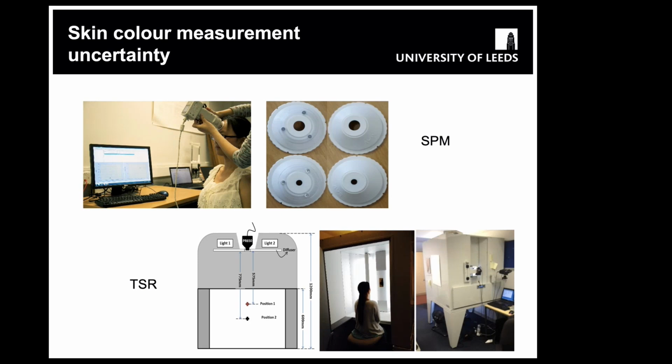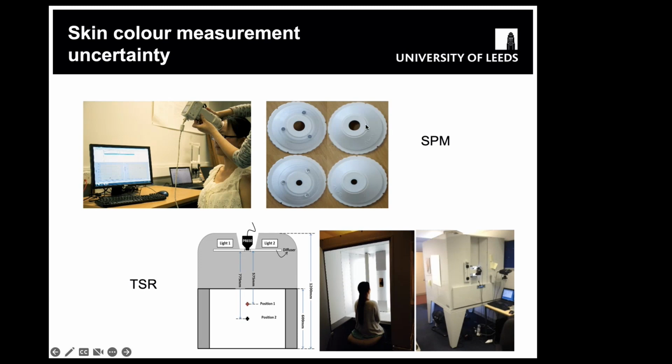Okay, in terms of skin color measurement uncertainty, we try to measure skin color using different measurement parameters, and we compare spectral photometer results with spectral radiometer results. Even for the spectral photometer, as you can see, you can choose a very small size, a small hole, or a relatively large size.